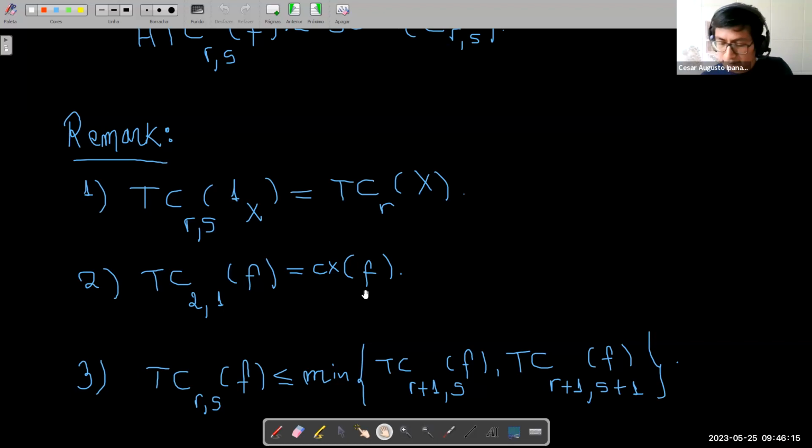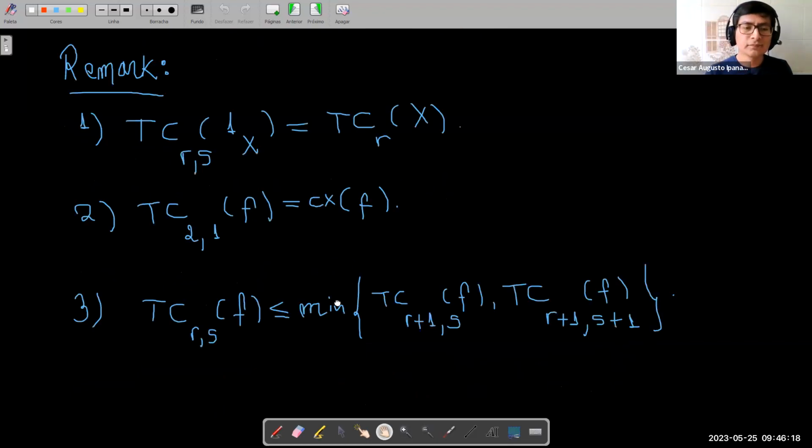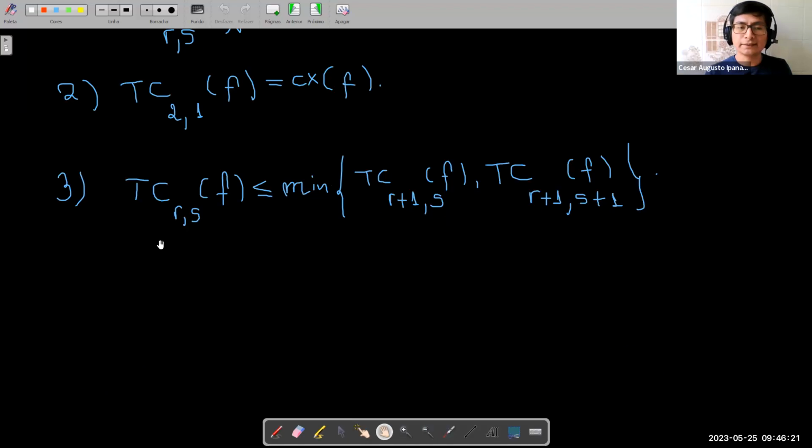And moreover, we have this property for any map: the monotonic property of our invariant. It is less or equal to the complexity for r plus 1 when s is fixed, or if you increase r and s simultaneously, the complexity is bigger.